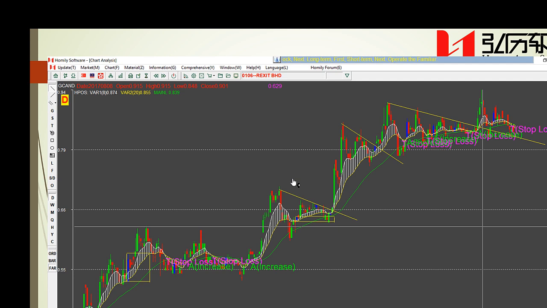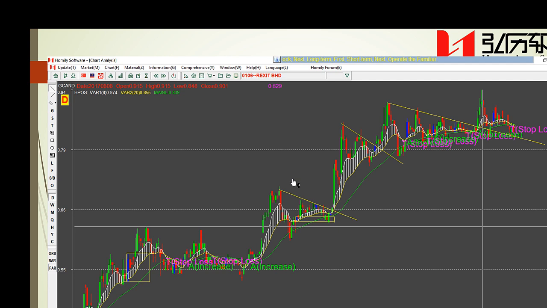Sometimes he will cheat the retailers. So here we should be more cautious because we can see from the green line it is already sideways, the top area. So he wants to choose a direction.